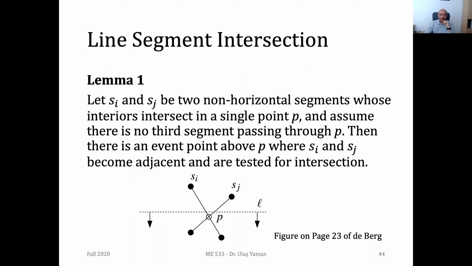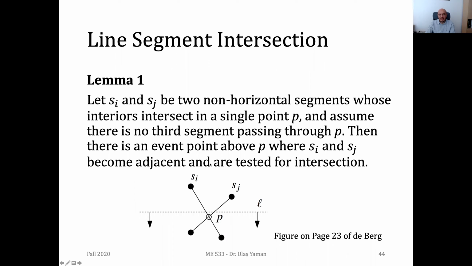So this is our first lemma. As you know, lemmas are some small, let's say, theorems. It says that we have two line segments, Si and Sj. Obviously, they shouldn't be horizontal. And we are assuming that the interiors intersect in a single point P here, right?